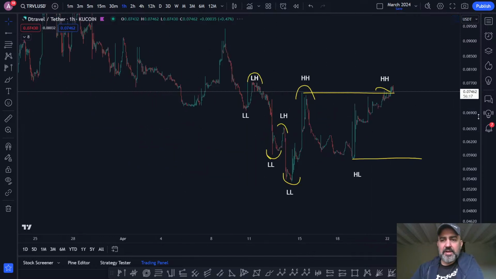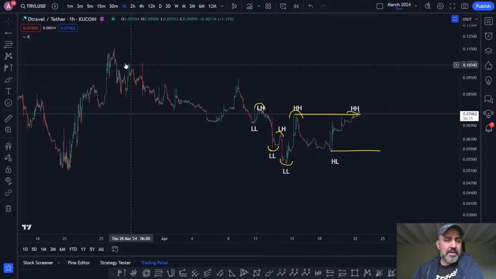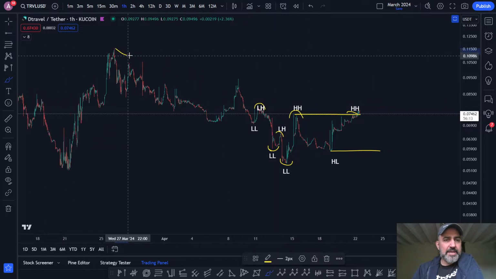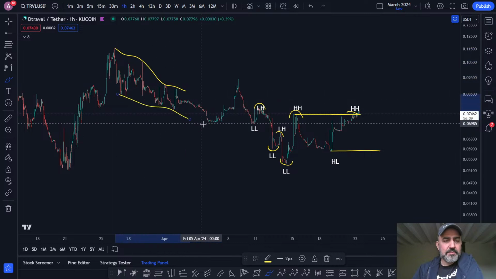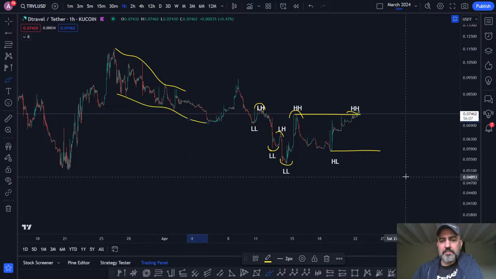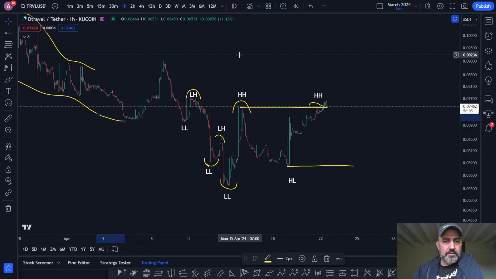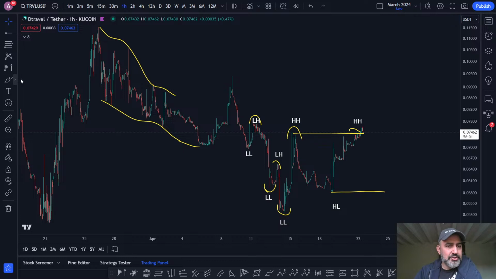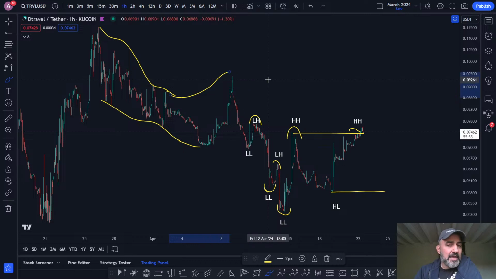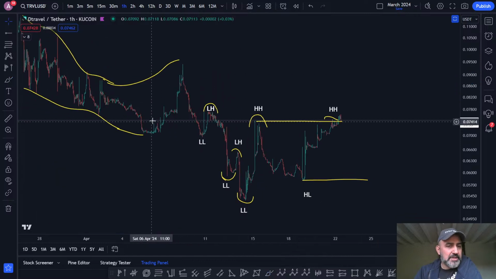So you see, as the price was declining, we were making lower highs, lower lows. This was the first time that we nearly tried to change. We had a little bit of a relief rally. We went from a lower high to a higher high there, and unfortunately the price came down here to make a lower low.